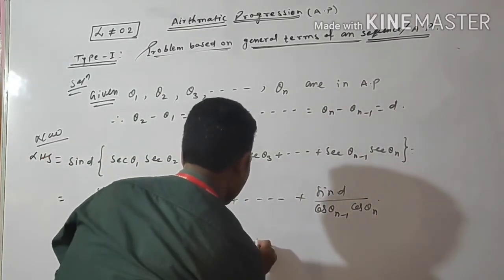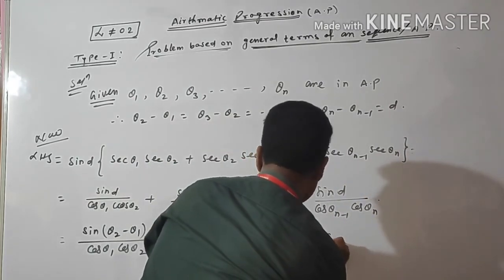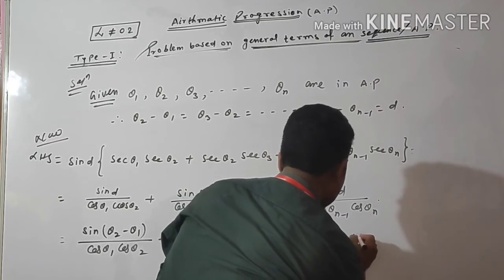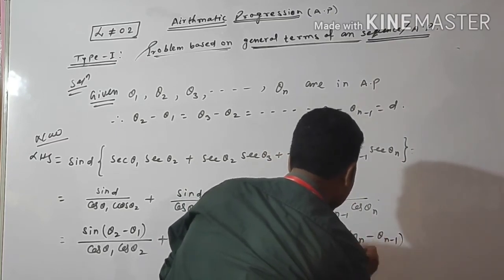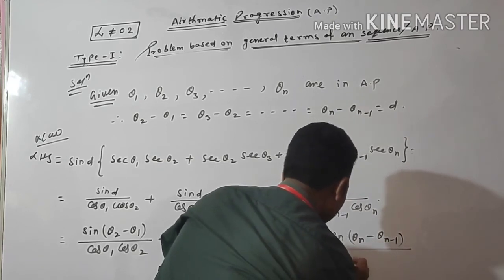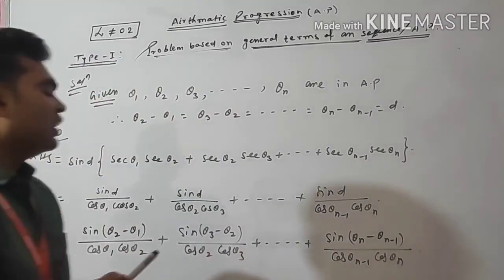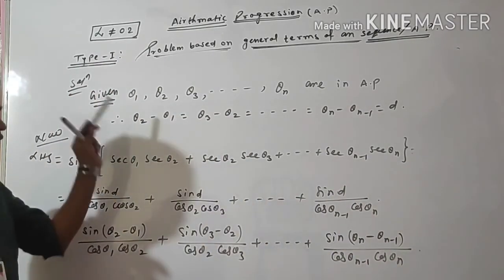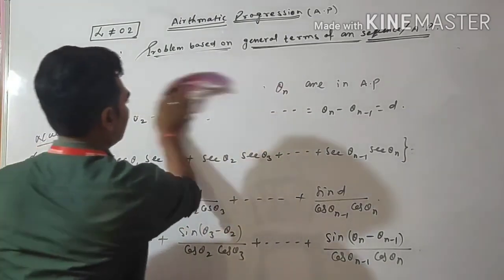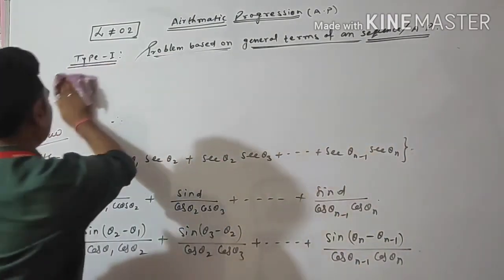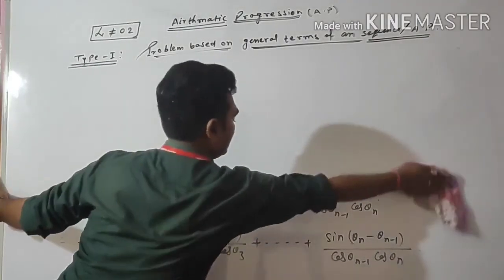Okay, plus, sin(theta n minus 1) by cos theta n minus 1 cos theta n. Okay, my dear, understood here? Everything's clear?